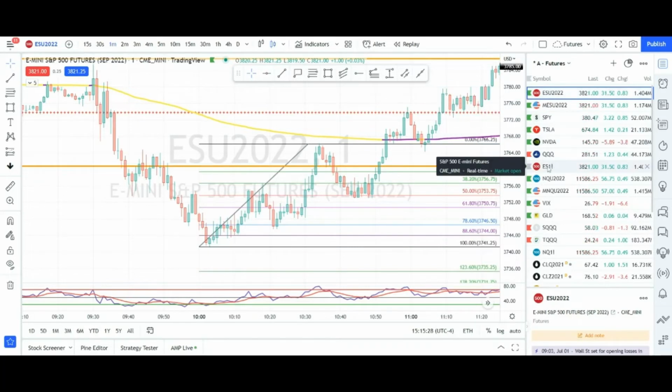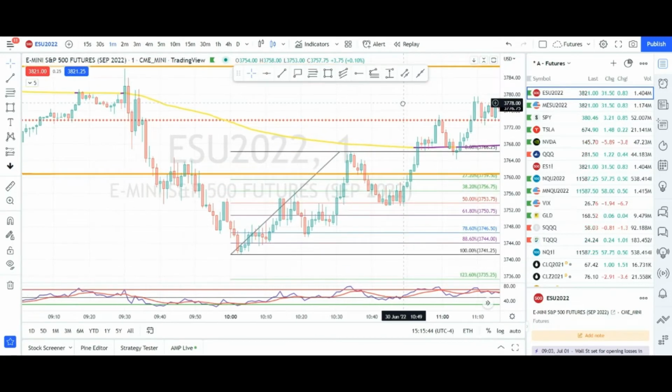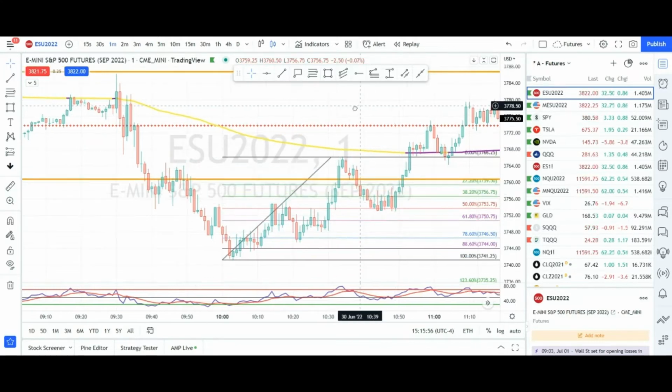Start with the micro. Where is, yeah, here. Okay. So in mini, your 1 point, 3773 to 3772, is $50. In micro, it is $5. So at least your profit will not be too much, but your risk will be very low as compared to the mini. Okay.